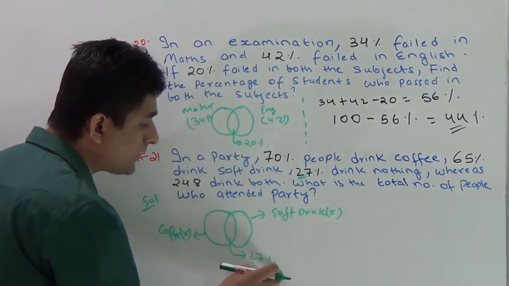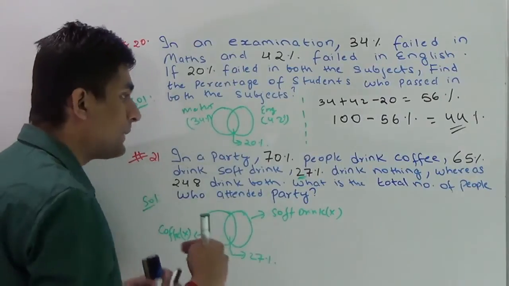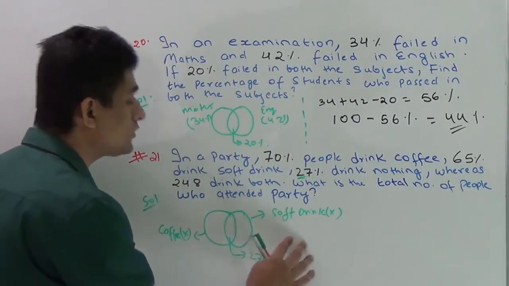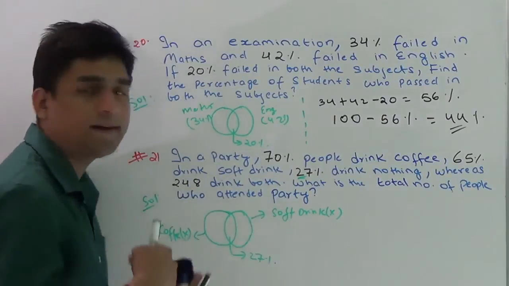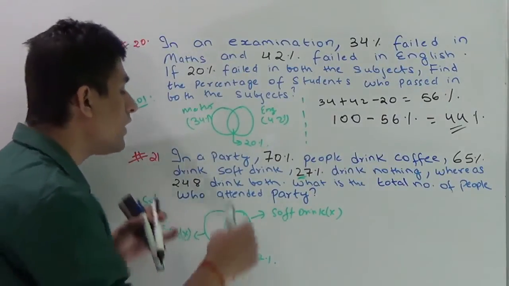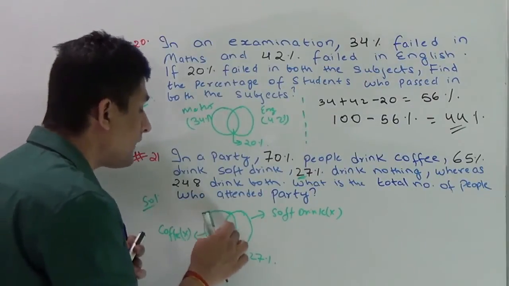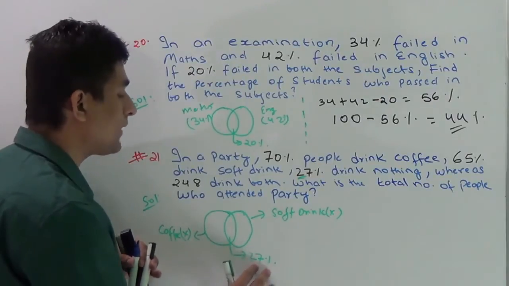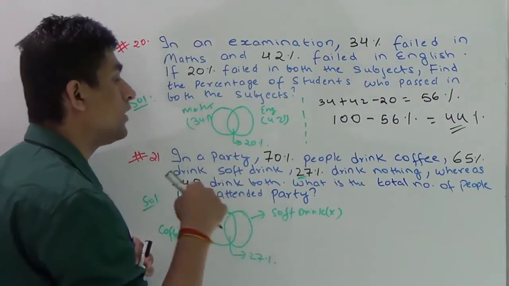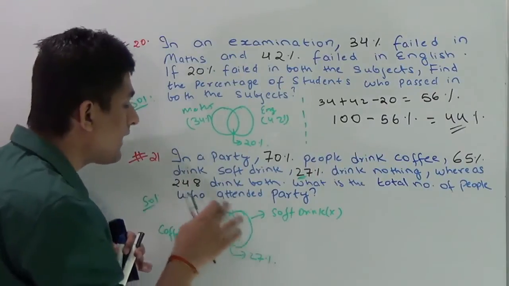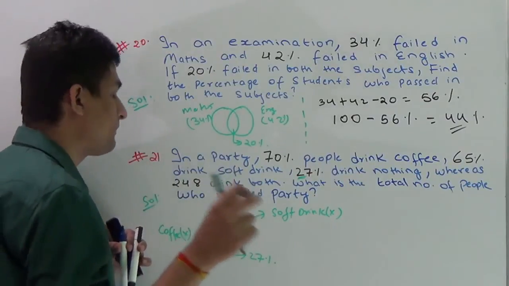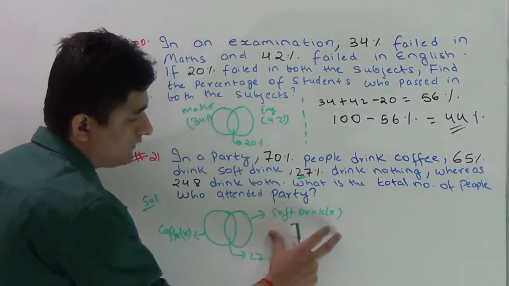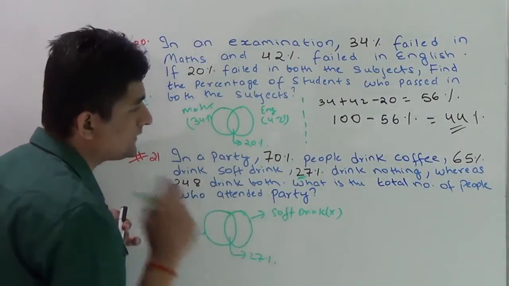Because the common region tells the percentage of people who drink neither coffee nor soft drink. As I have already explained, whenever we draw a Venn diagram, we draw it on the basis of the common region. Here the common region is 27%, which indicates the people who do not drink anything. So this region and this region will be the sections for the people who do not drink coffee and who do not drink soft drink. I think this is clear.